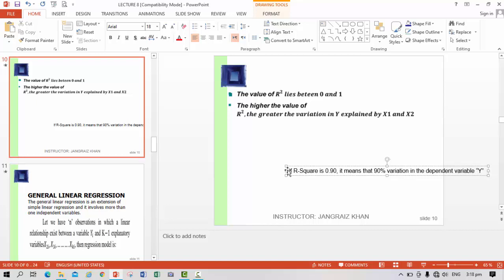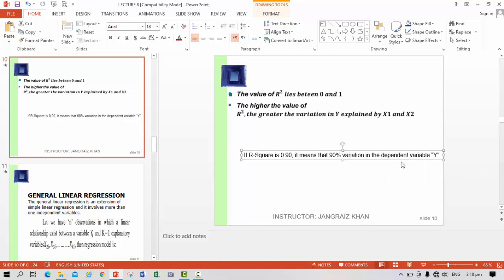90% variation in the dependent variable y is due to the independent variables x1 and x2.